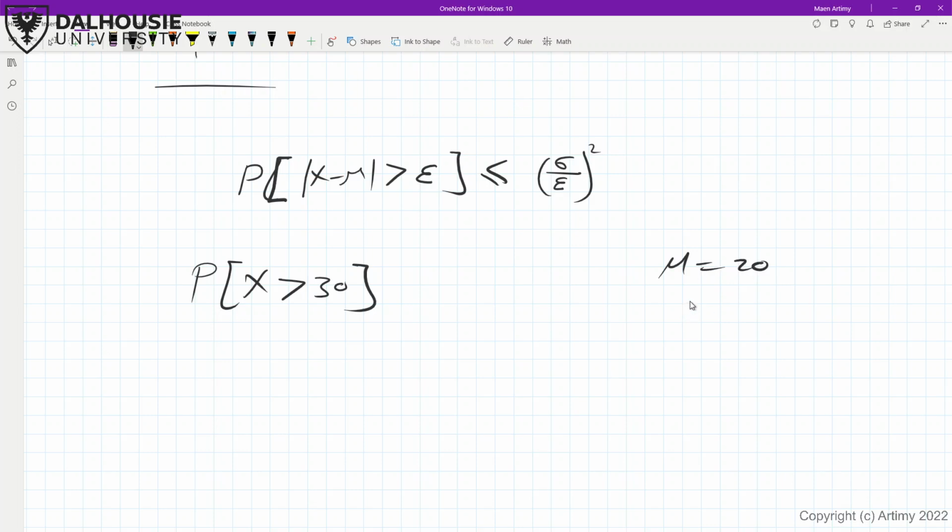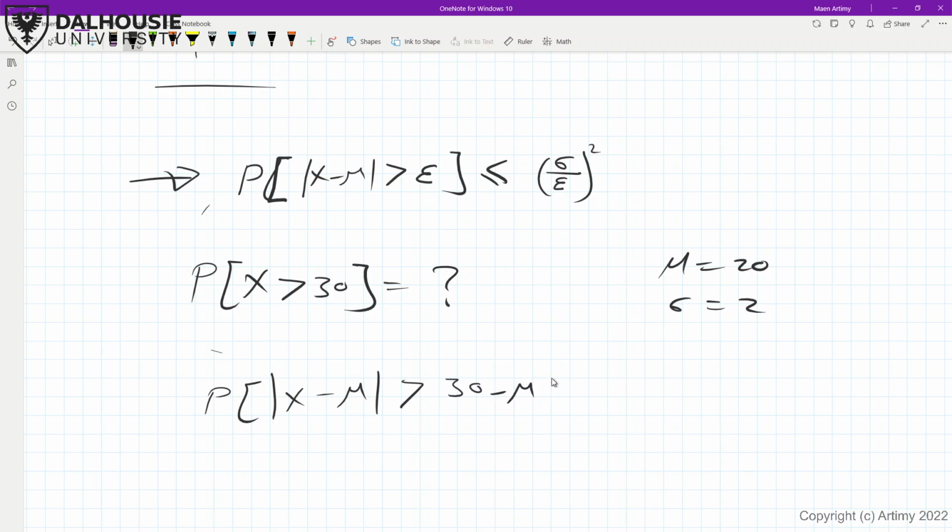I need to find this, but I have this formula here, so I need to sort of make these two equal. If I rearrange things, let me write x minus mu greater than 30 minus mu. What I did was subtract mu from both sides.